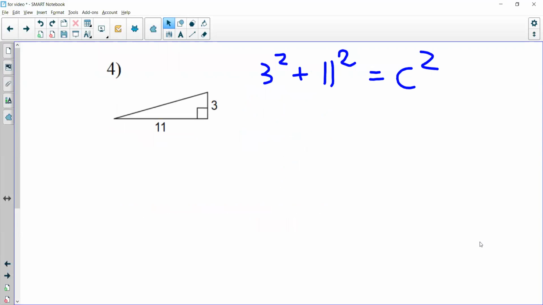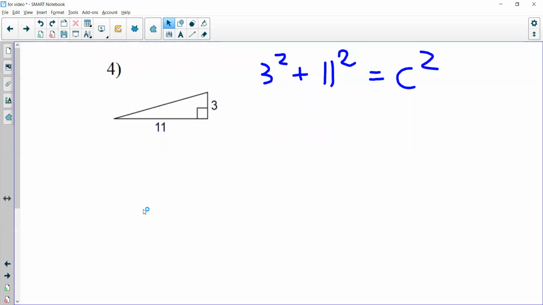Now let's look at the homework. The homework assignment on number 4 shows a triangle with a hypotenuse that is missing. That's our c value, so we'll write the Pythagorean relationship as 3 squared plus 11 squared equals c squared.